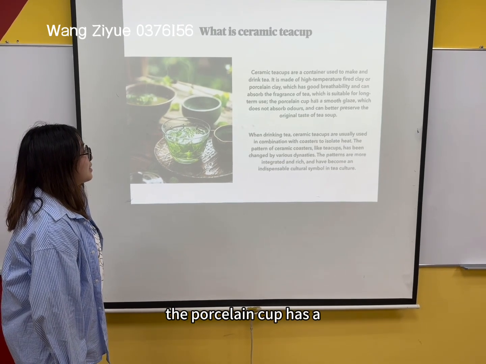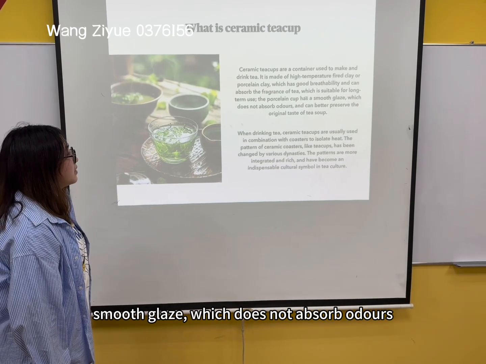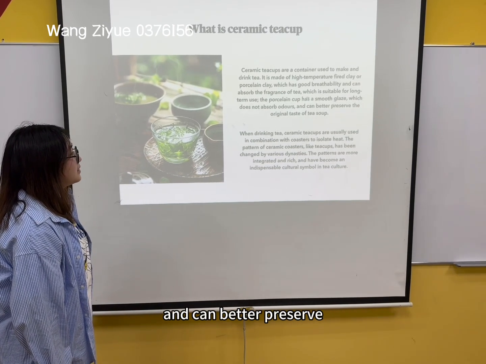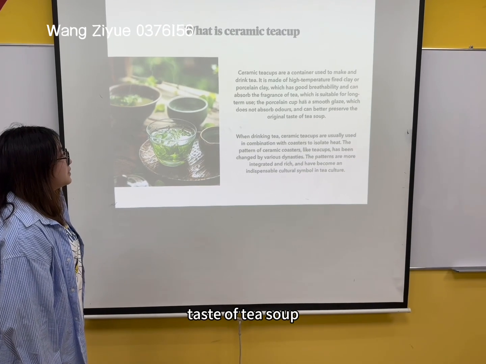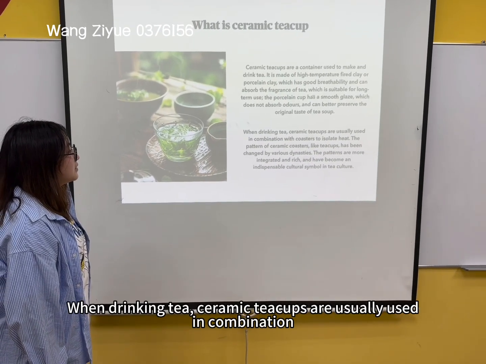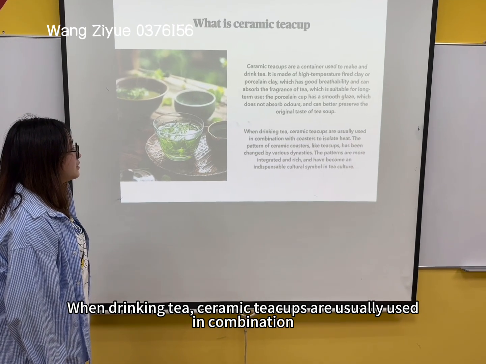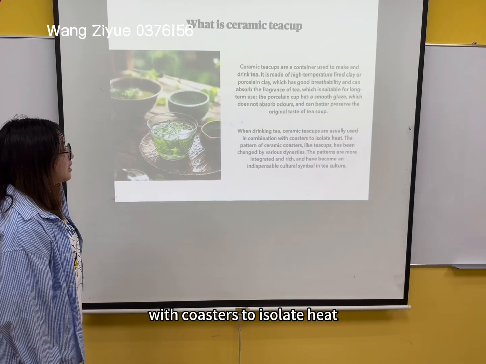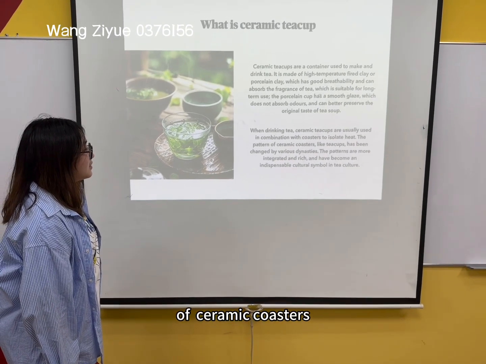The porcelain cup has a smooth glaze which does not absorb odors and can better preserve the original taste of tea soup. When drinking tea, ceramic teacups are usually used in combination with coasters to accentuate the pattern of ceramic coasters.